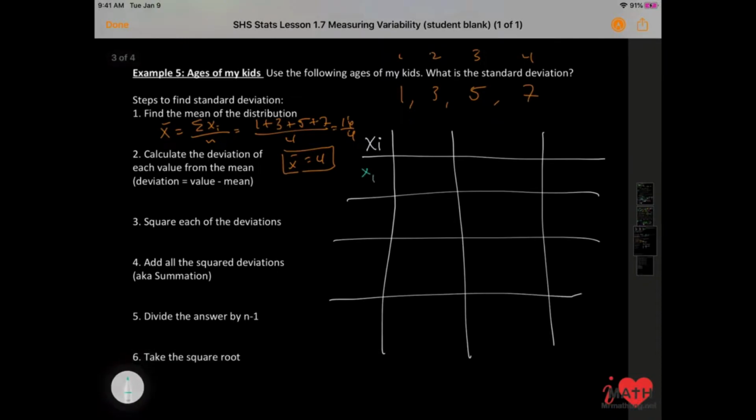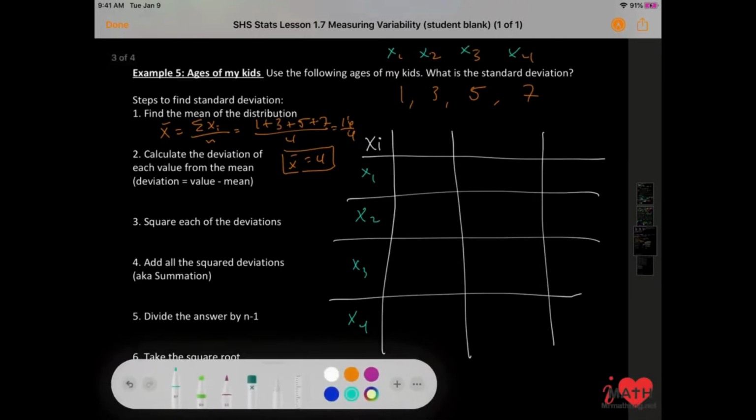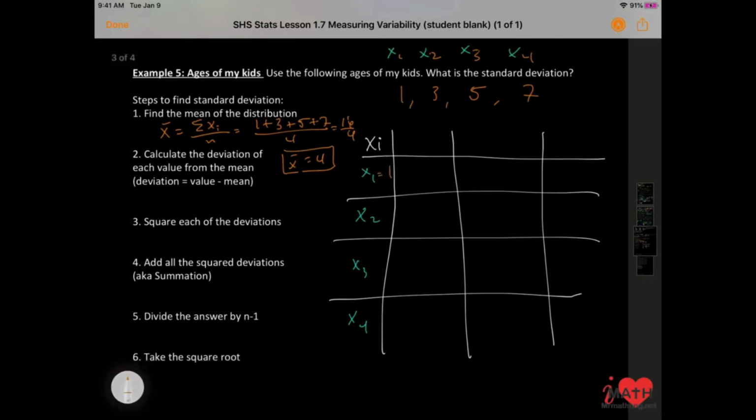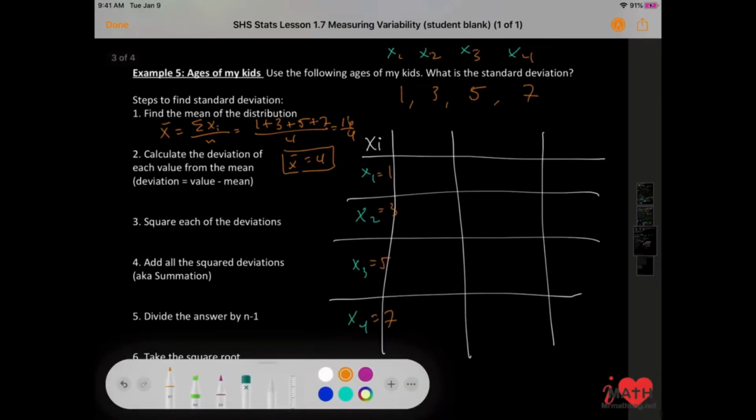For example, this would be x1, x2, x3, x4. Does that make sense? So that would be, let's use orange, 1, 3, 5, and 7.